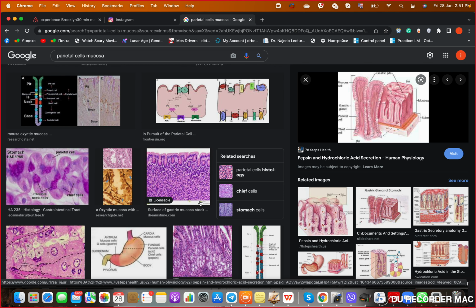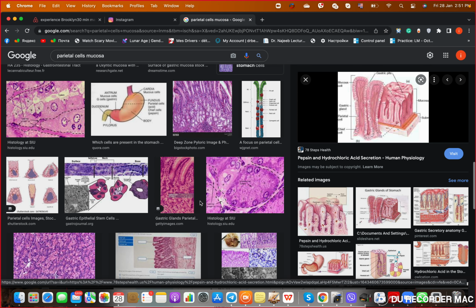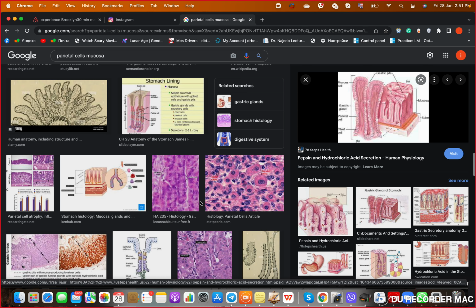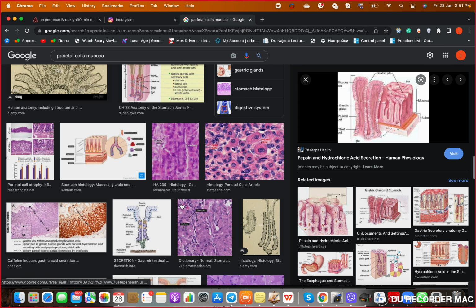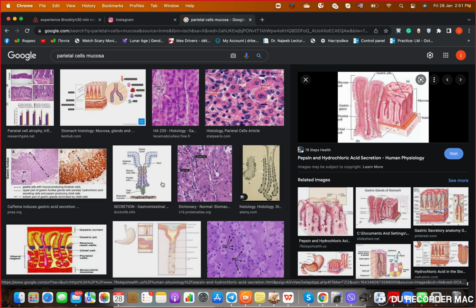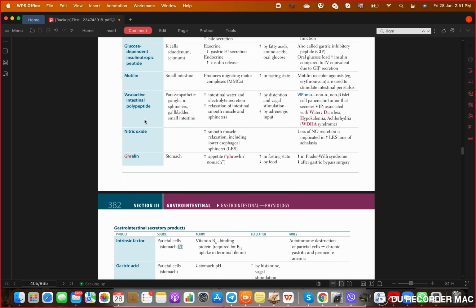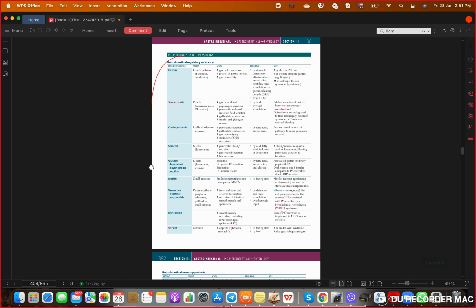If it was endocrine, I would say no, it's in the submucosa. But if it is exocrine, it must be in the mucosa itself. But I thought you said that they are all endocrine, right, doc? It's not exocrine. These ones here, yes, all of these are endocrine.